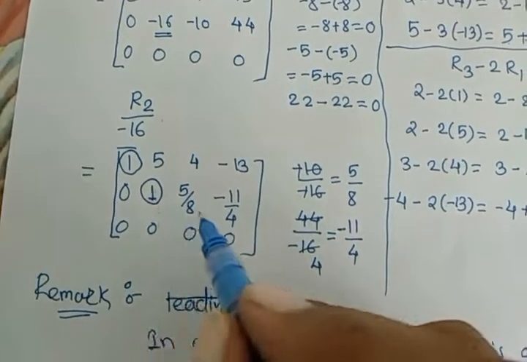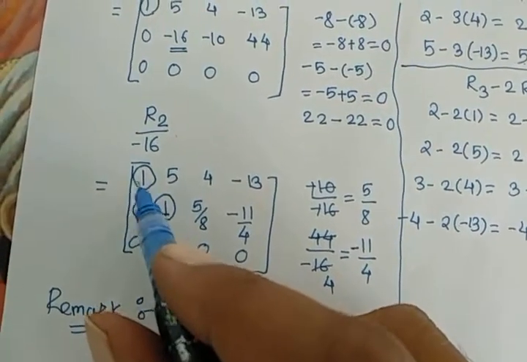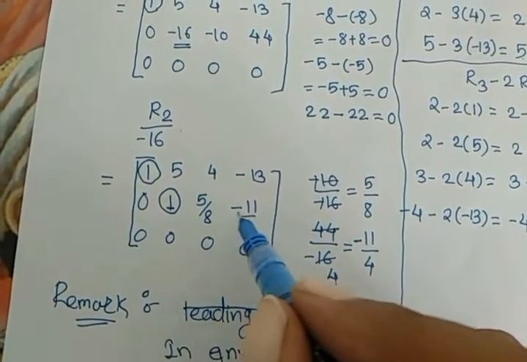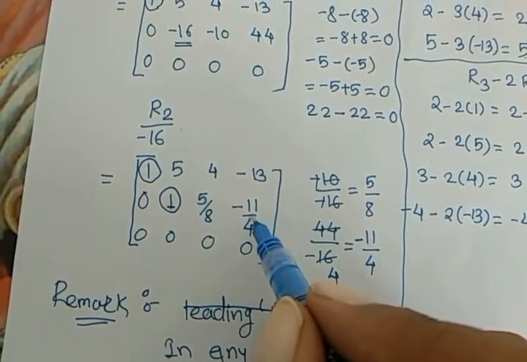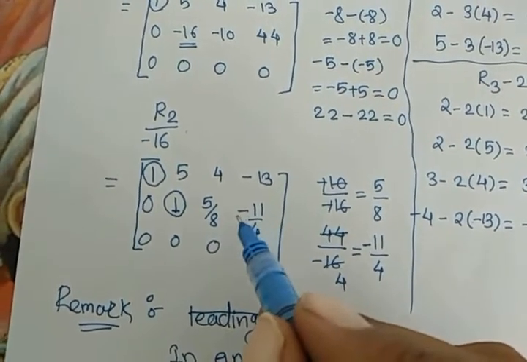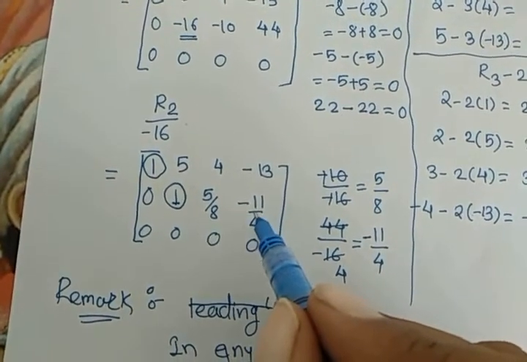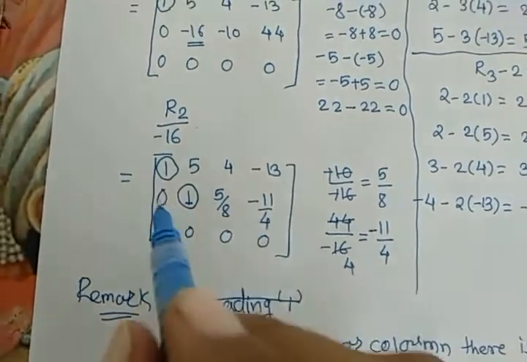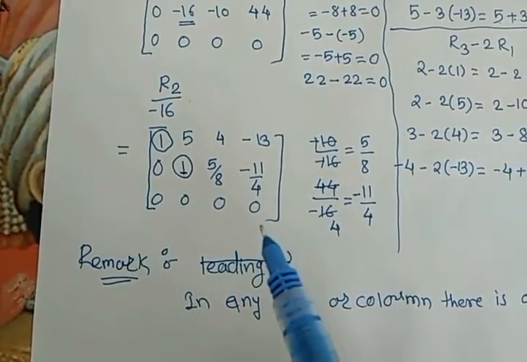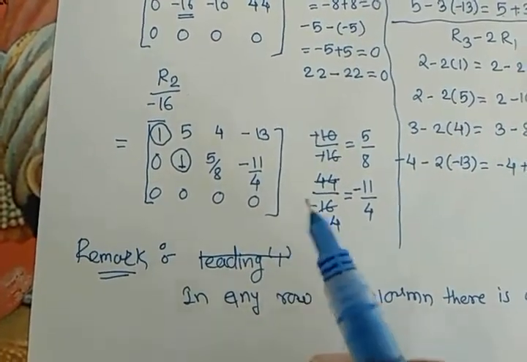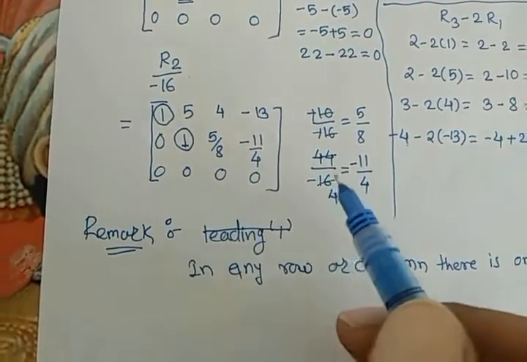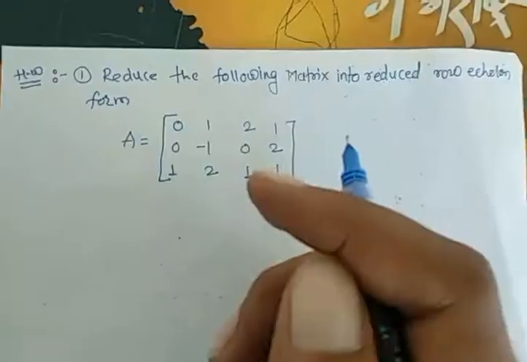So the only possibilities are A11 and A22. If there were a leading one in another position, there would be more than one leading one in the same row. So there will be only one leading one in any row or column.